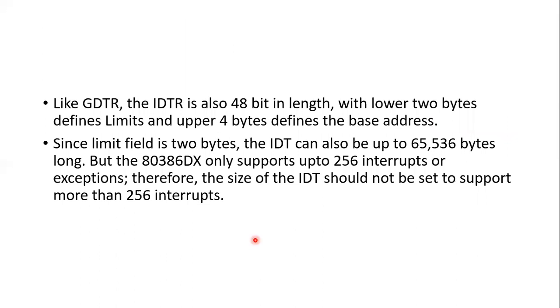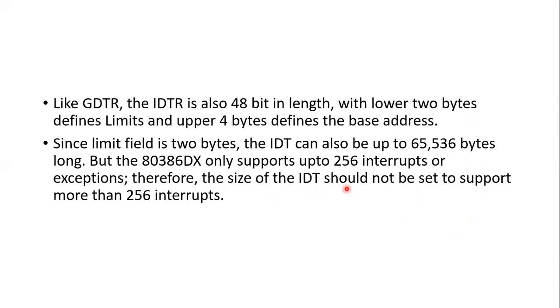Since the limit field is 2 bytes, the IDT, that is the interrupt descriptor table, can also grow up to the same 65,536 bytes long. But the 80386DX supports up to 256 interrupts or exceptions.